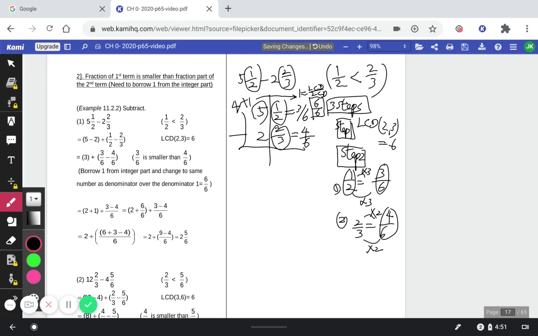And now here you can do it 2 ways. You can add 6/6 with 3/6 to get a total value of 9/6, and then you take away 4/6. That's one way. So 9/6 minus 4/6, you end up with 5/6.